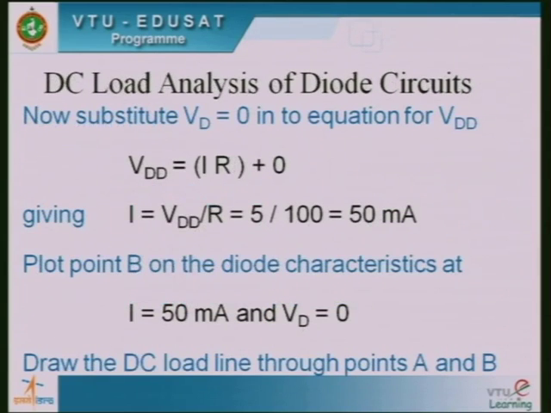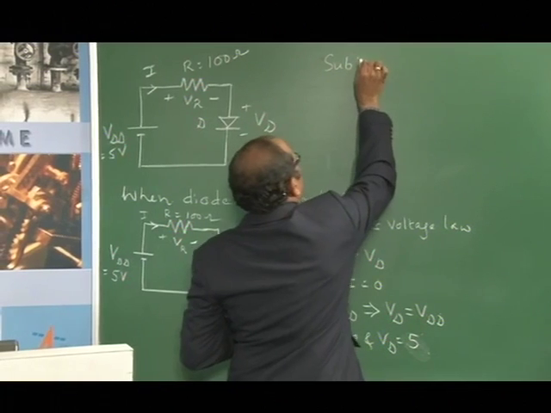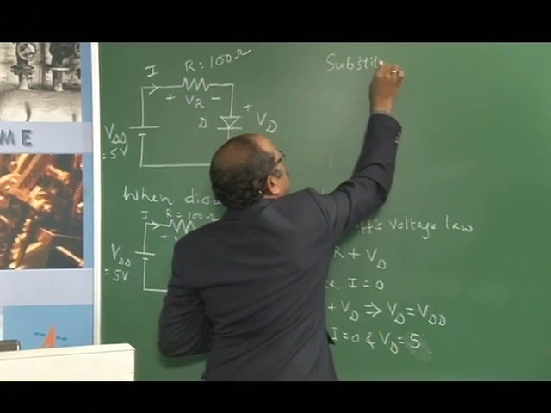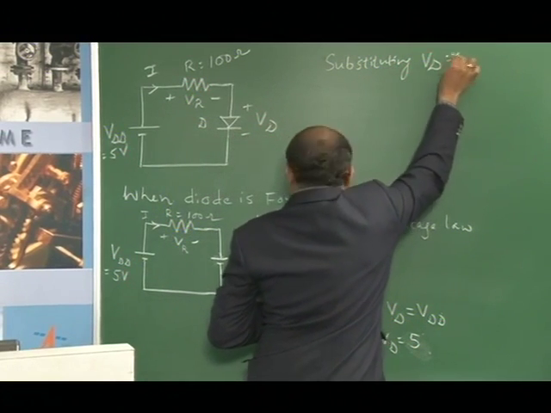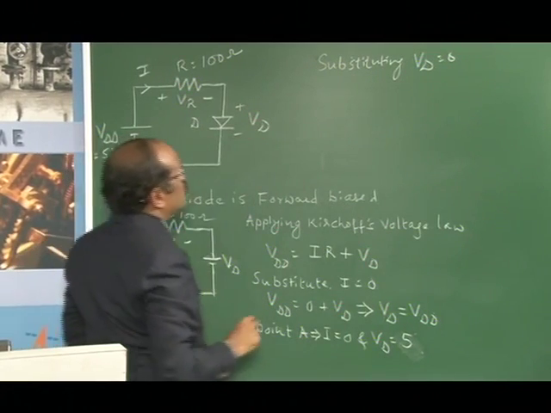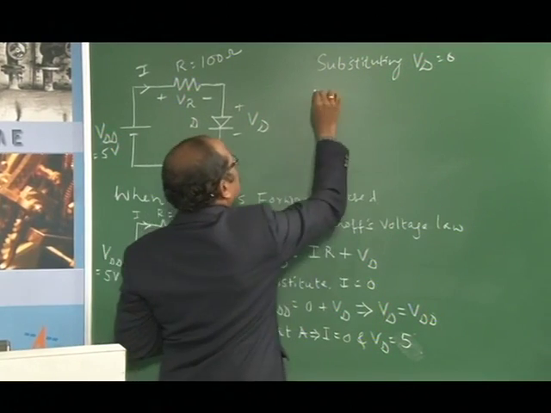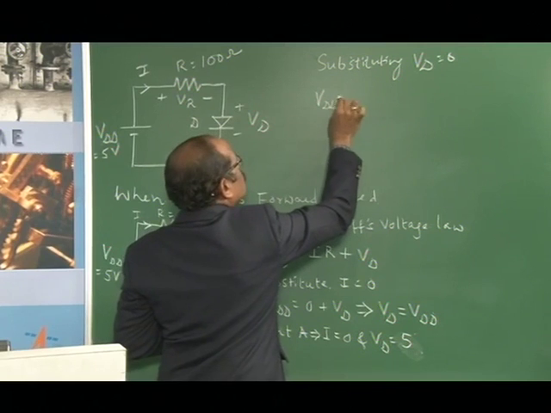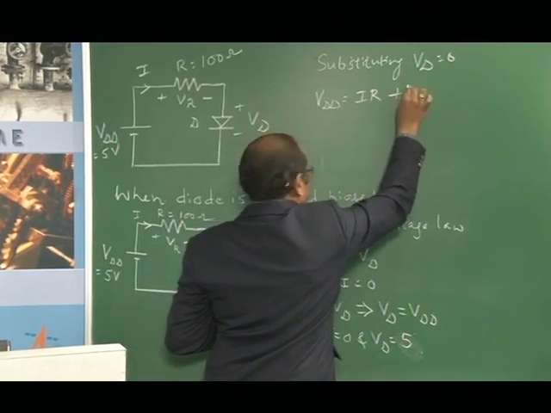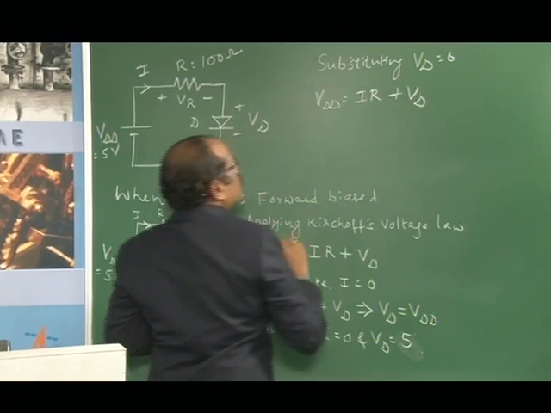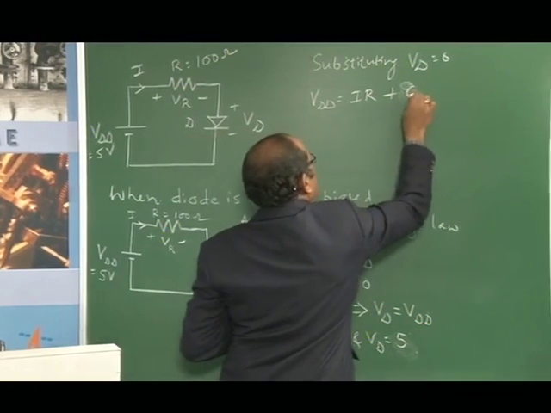The other point we get if we substitute VD equal to 0 in this equation. So VDD will be equal to I into R, because VD is 0.